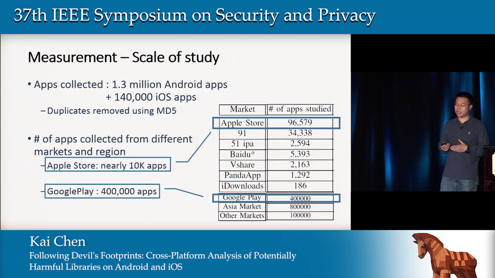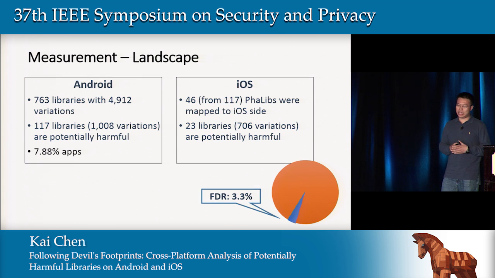So now we can do some measurement study. We collected apps from 1.3 million Android apps and 140,000 iOS apps, and removed the duplicates. From the Apple Store, we got 10,000 apps, and Google Play is like 400,000 apps. In the end, on the Android side, we found over 700 libraries with nearly 5,000 variations.